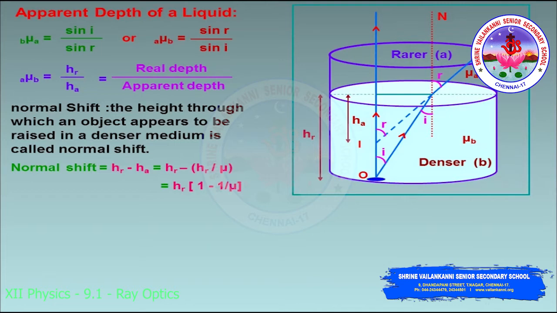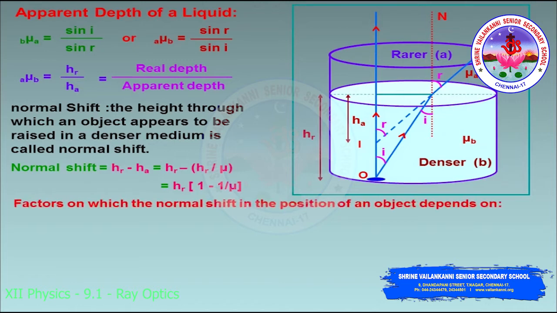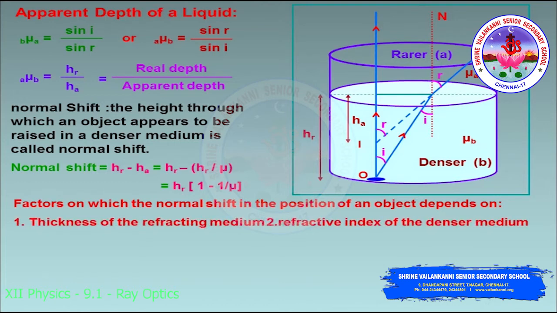So we can rearrange this as hr into 1 minus 1 by mu, right? So we have to know the factors on which the normal shift in the position of an object depends. The two factors are the thickness of the refracting medium, and we also have to consider the refractive index of the denser medium.